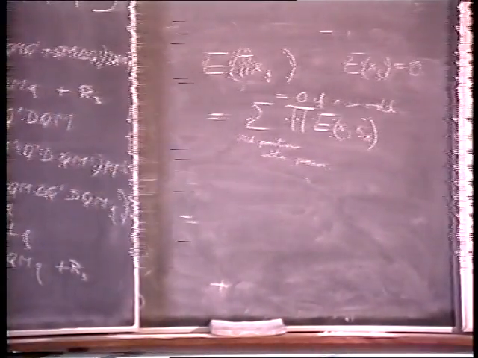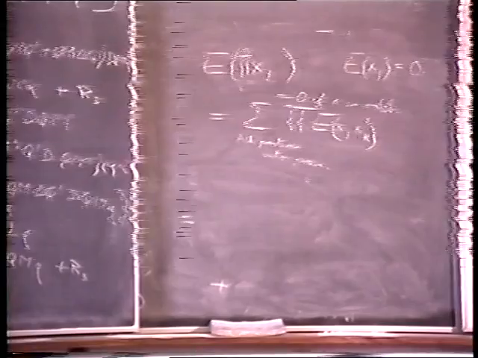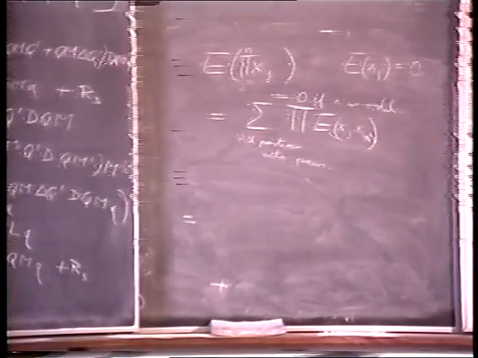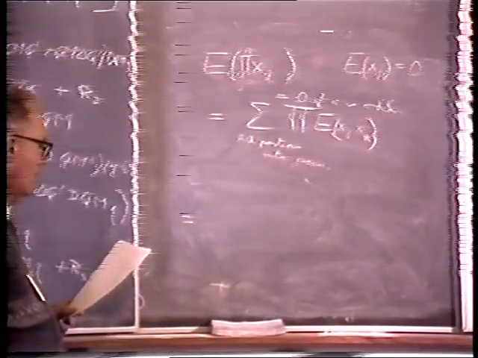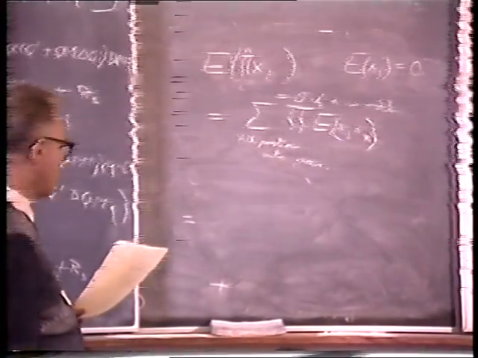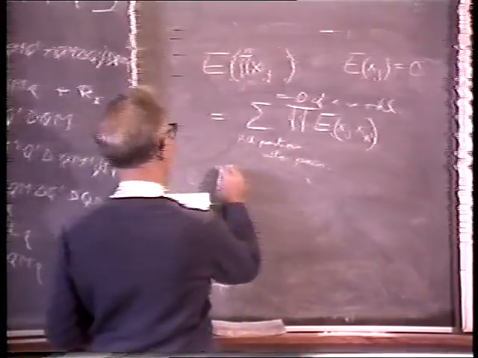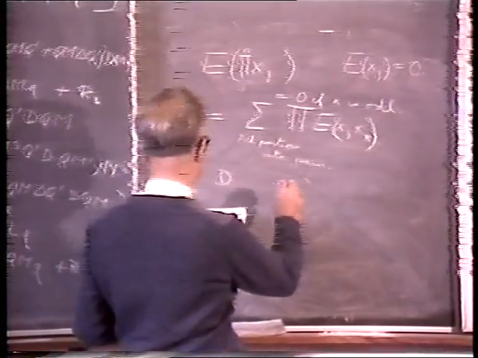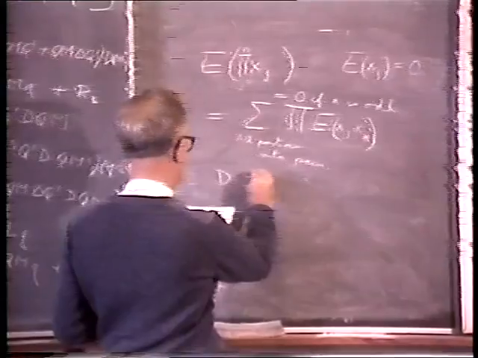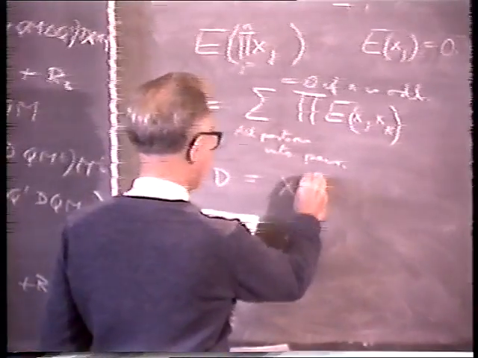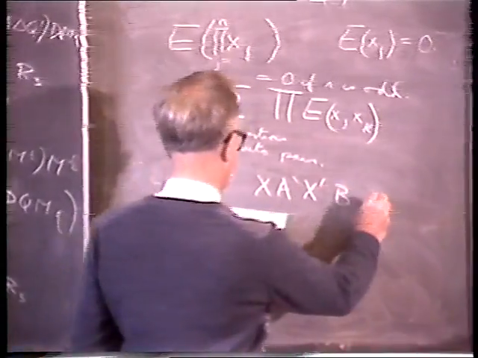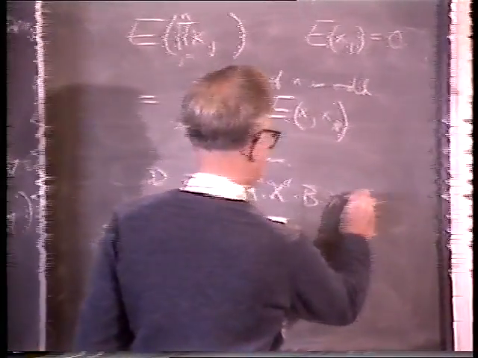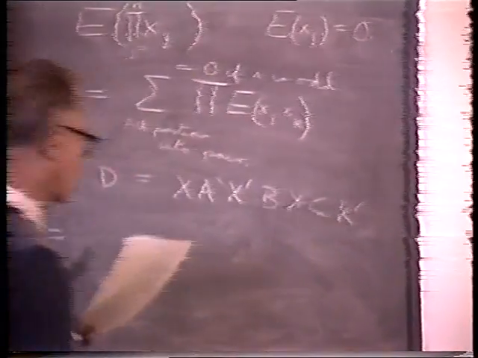And of course then you might want to consider formulae for matrices of the following type. Suppose now that we look at this kind of formula, X a X prime b, X c X prime.